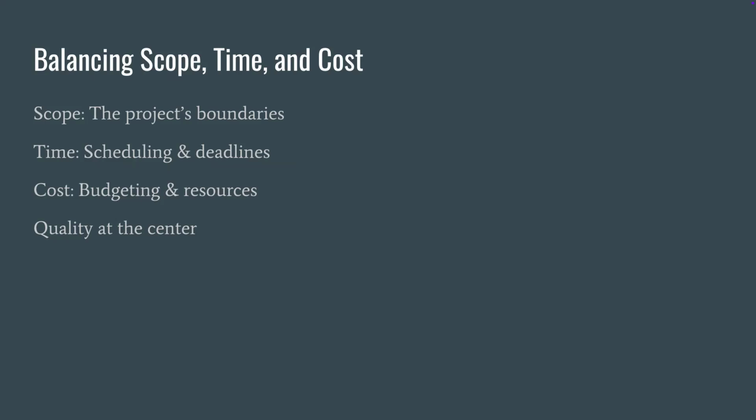So project managers' job is to balance these constraints. So project managers negotiate with stakeholders to clarify which aspect is most critical and make trade-offs to keep everything in alignment.